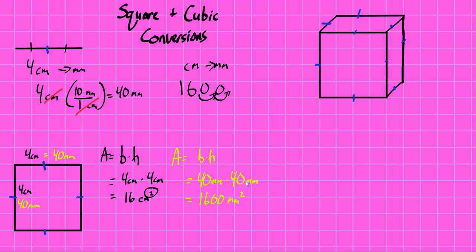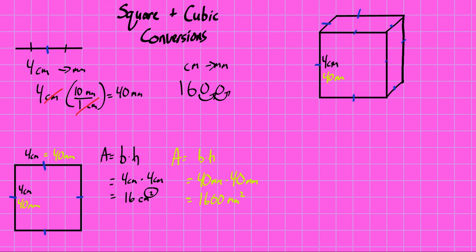If we were to go over to our third example here, a cube, still all of these are the same. They're all 4 centimeters long. If I wanted to do them in not centimeters, but millimeters, that's okay. All of these lines with the blue tick on them are all the same. This is a cube. All the dimensions are the same.